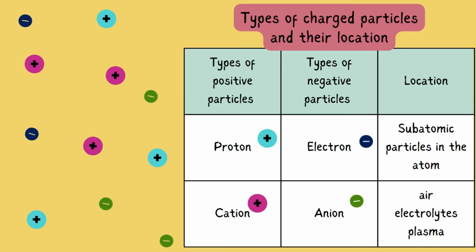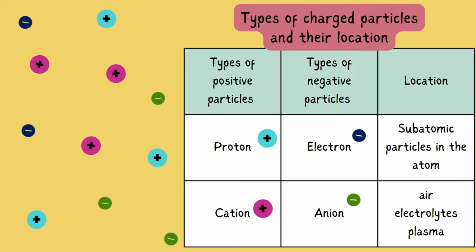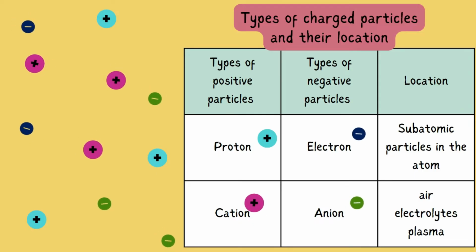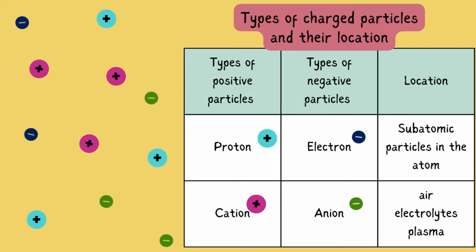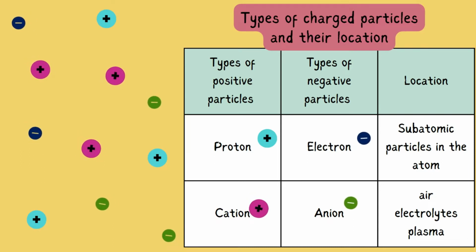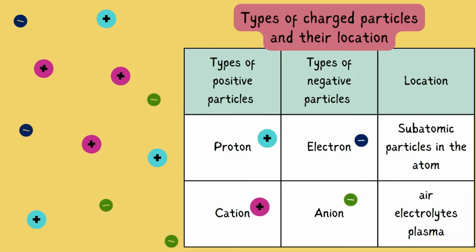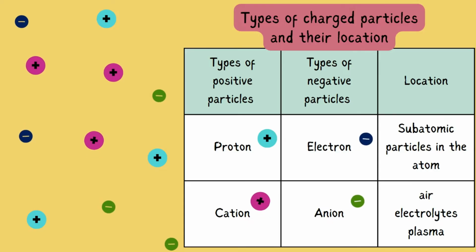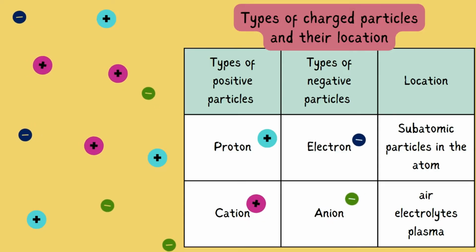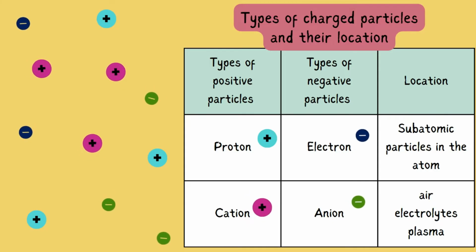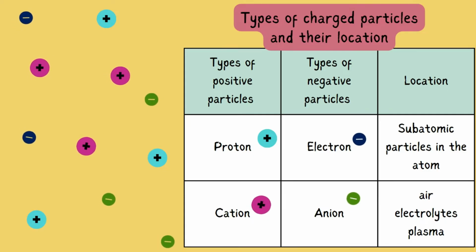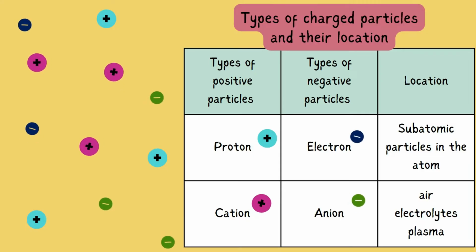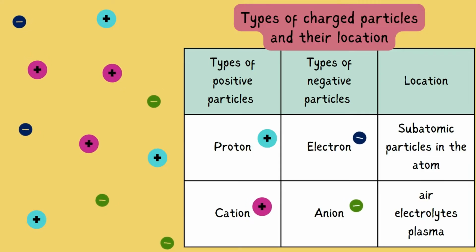Cations and anions can be found together in the air, in electrolytes, and they can also be found in plasma. A cation is usually formed when an atom loses electrons, and only certain types of atoms lose electrons to become positive. While an anion can be formed when an atom gains electrons, and only certain types of atoms gain electrons.